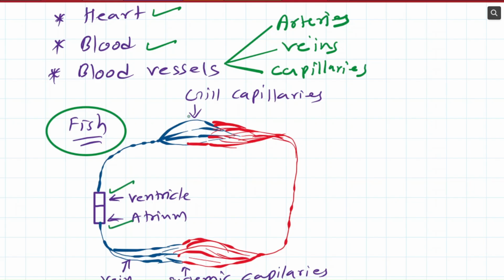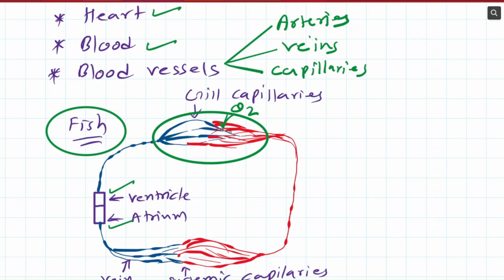So you can see here, this is showing the gill part of the fish where blood capillaries are there. What happens here? The oxygen which is dissolved in water is absorbed, or you can say carried by the blood which is present in the gill part, which is very thin membrane, and oxygen is diffusing in.